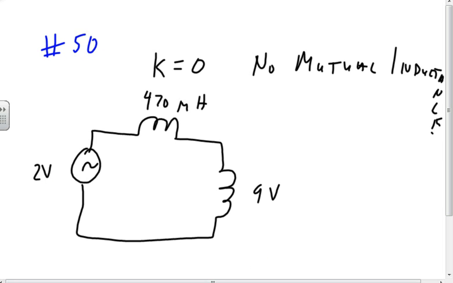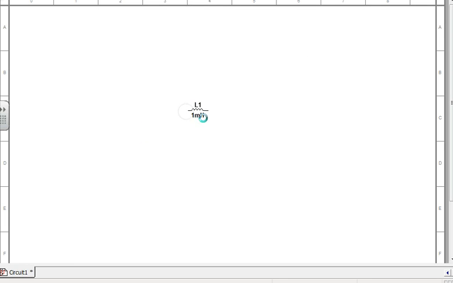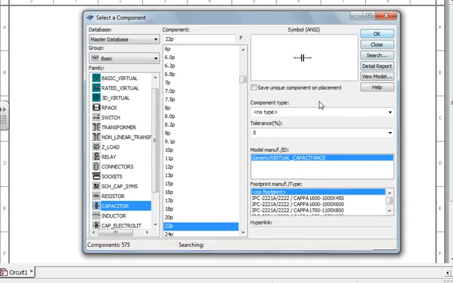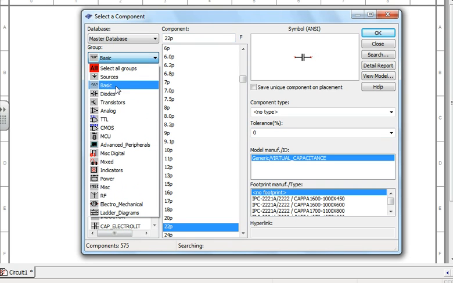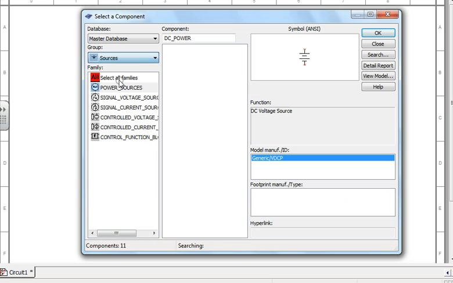In fact, why don't I do something weird? Oh, no problem, right? All right, so I'm going to do that, and I'm going to go get a voltage source.